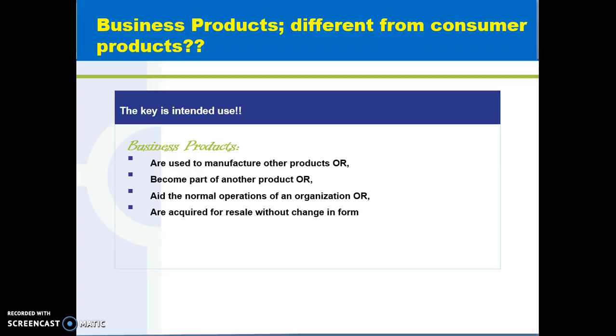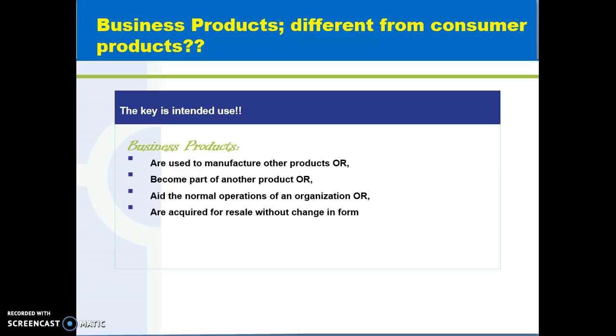It can be used for manufacturing, for aiding the operations, or being acquired by wholesalers or retailers for being resold into the marketplace. So even though business products can be of these different types, that does not mean that these products are different.